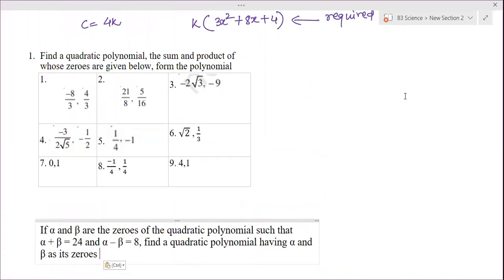Soumya, completed? Yes, ma'am. Ma'am, just 2 minutes, last 2 questions.